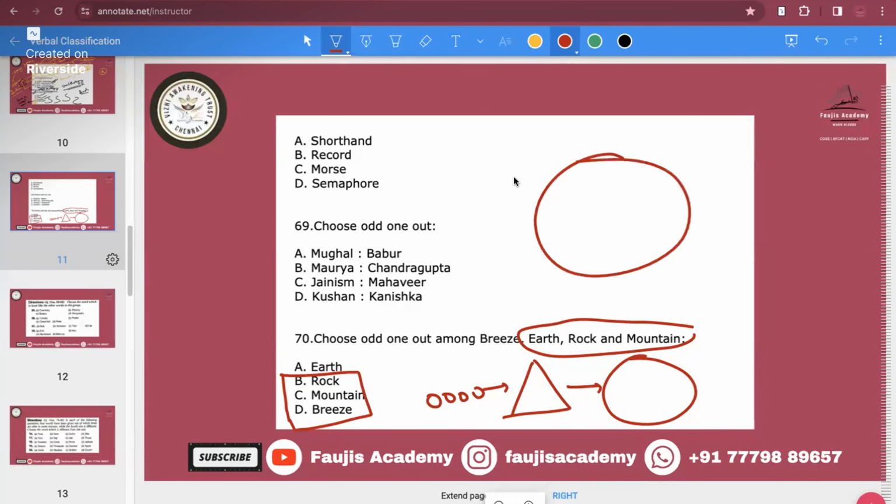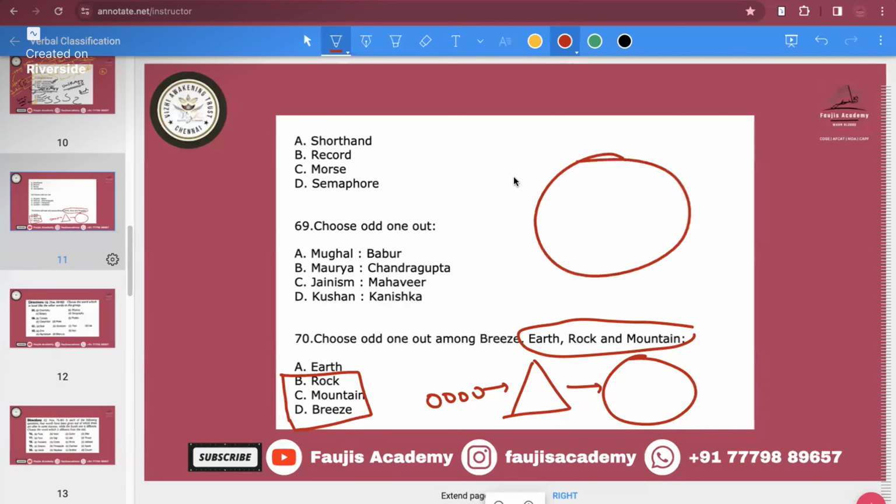But Earth alone is a different thing. If you go by this logic, small stones, then mountain, then Earth, you will have to go ahead with breeze as your answer. Okay, sir. Cool. Thank you so much for asking. Beautiful doubt. Very good doubt.